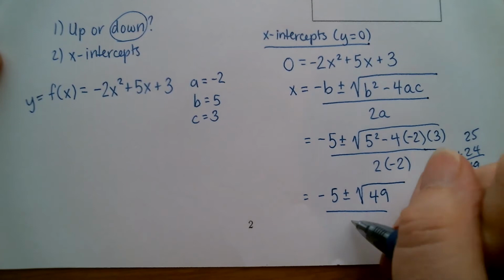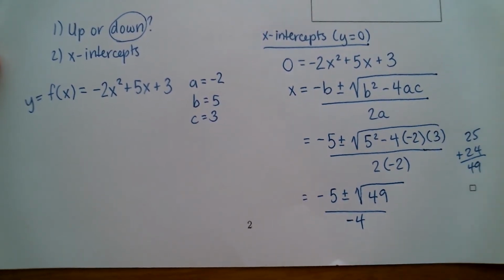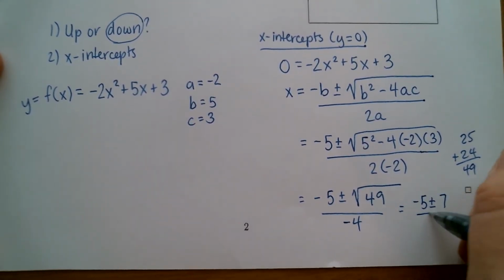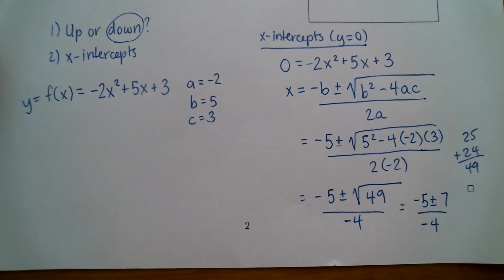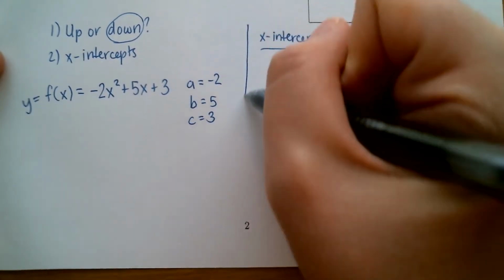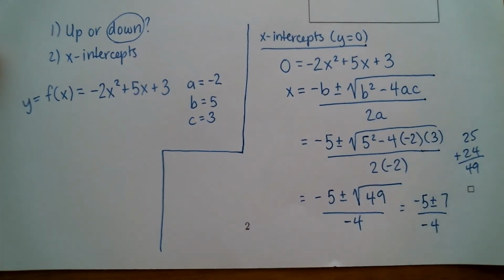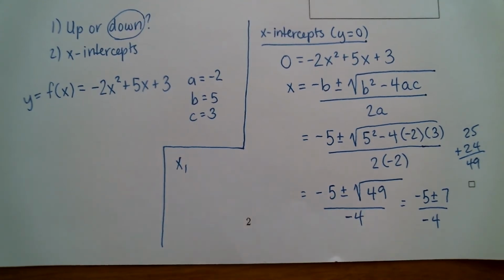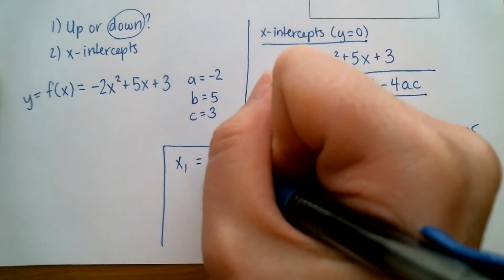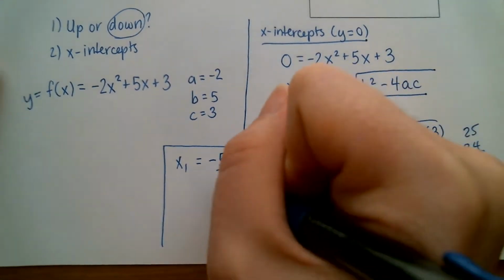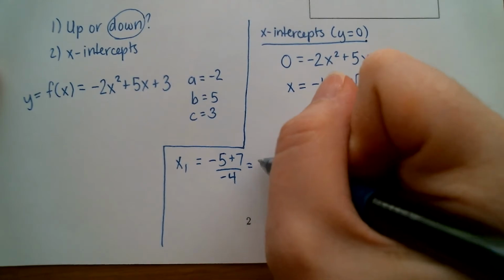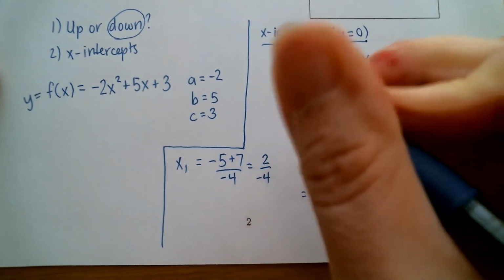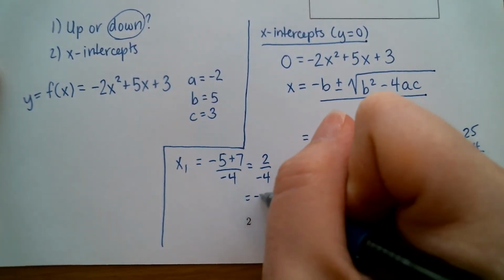In the bottom we have negative 4. So this is negative 5 plus or minus the square root of 49, which is 7, over negative 4. Because of that plus or minus, you're getting two x-intercepts. The first comes from picking the positive: negative 5 plus 7 divided by negative 4, which is positive 2 over negative 4, so negative 1/2 or negative 0.5.